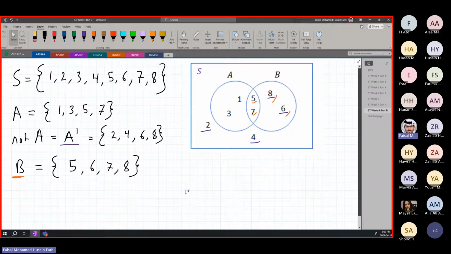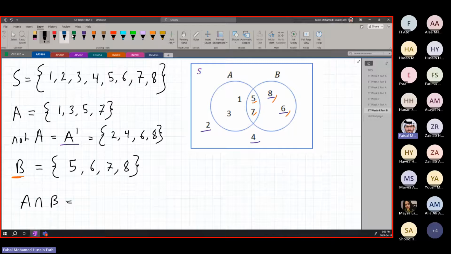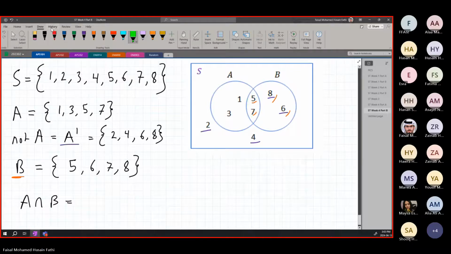So it's right. What is A intersection B equal to? A intersection B here is equal to 5 and 7, because intersection, remember, is where they are overlapping. So this is your intersection, 5 and 7.